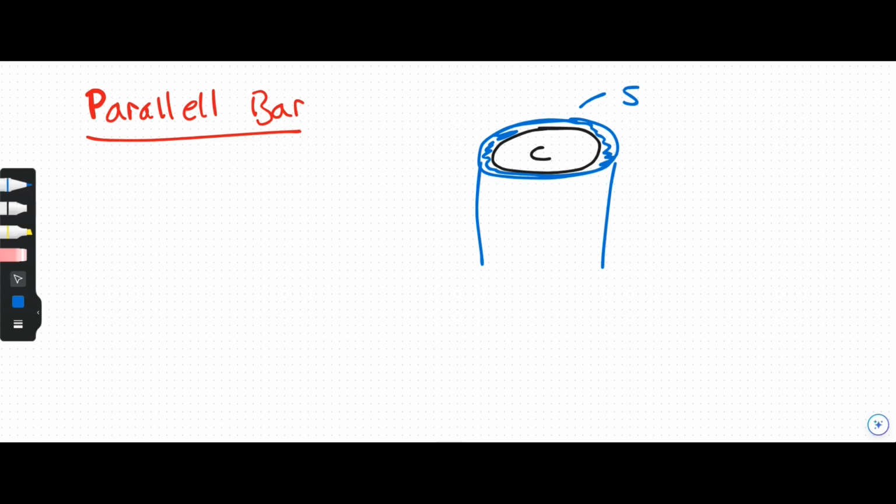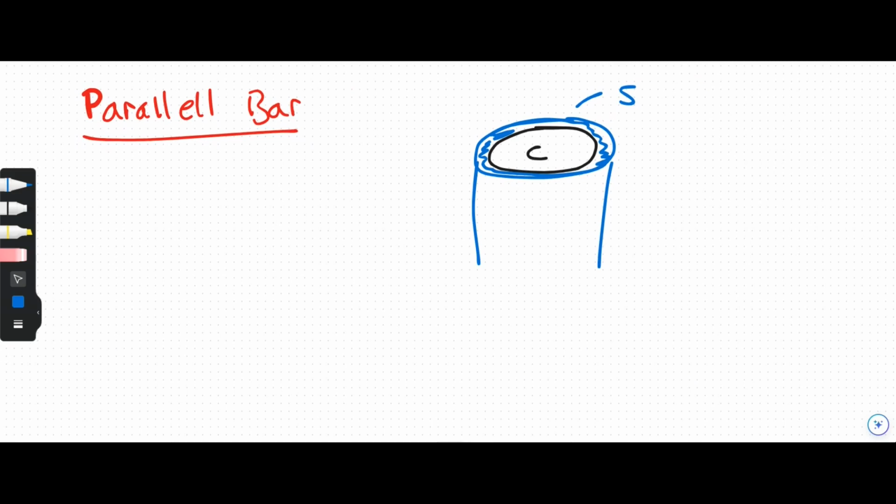So we've got to find the stress in the steel, with the symbol for stress in the steel, and the stress in the concrete. We don't know what they are.